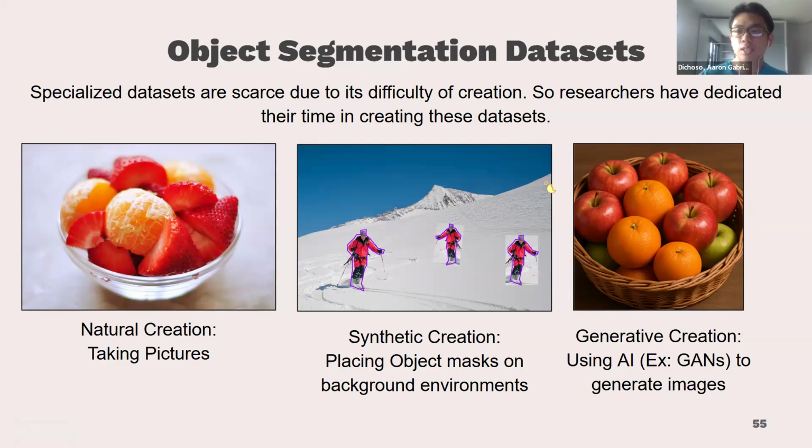Synthetic creation: this involves taking pictures of environments that these objects might be found in, and then taking existing objects and their object segmentation masks and just blending them into the environment, sort of like this. It's like copy pasting and photoshopping these objects. Or programmatically or generatively, so using AI like GANs to generate these images.